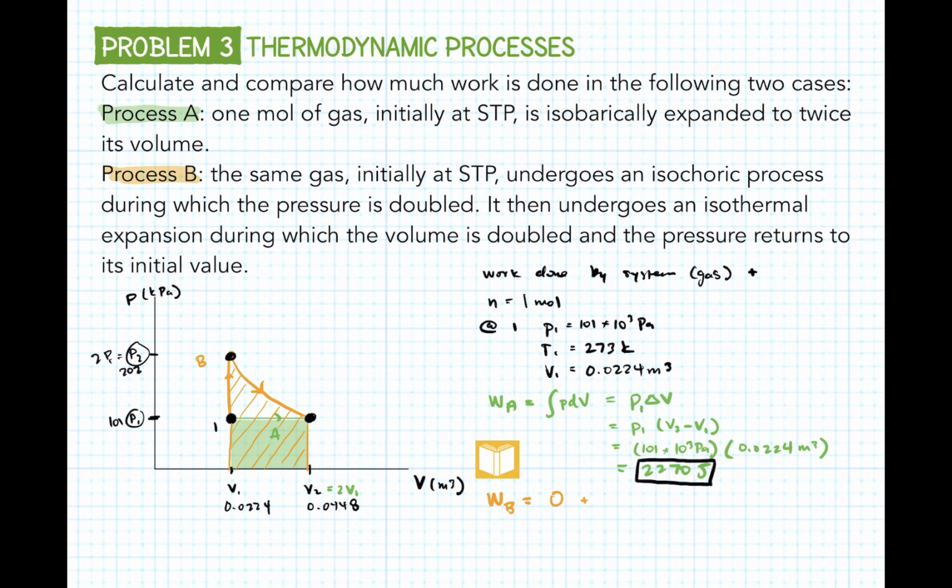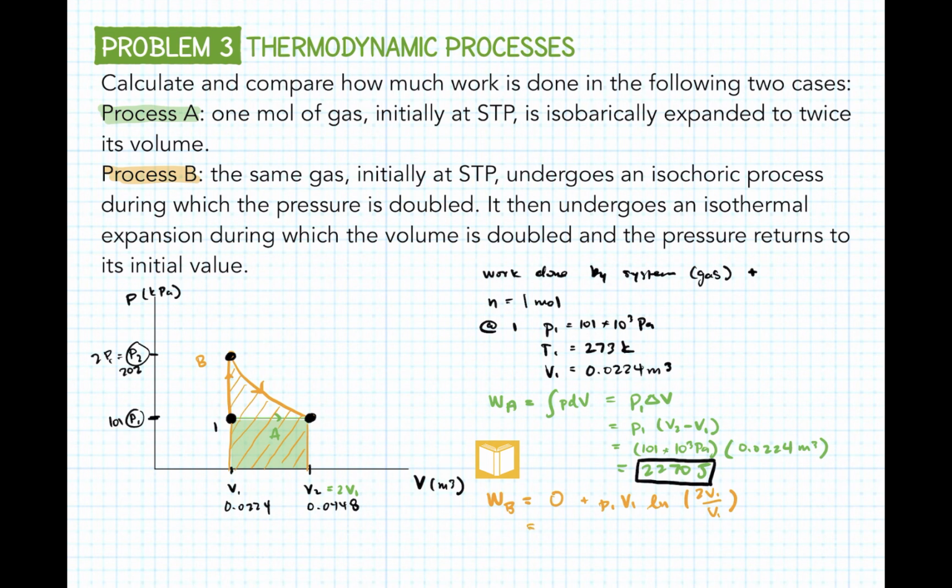That's how PV equals nRT works. So we're going to call this P1 V1 natural log of V final over V initial. We know V final is just twice V initial, so 2 V1 over V1, which just ends up being 2.